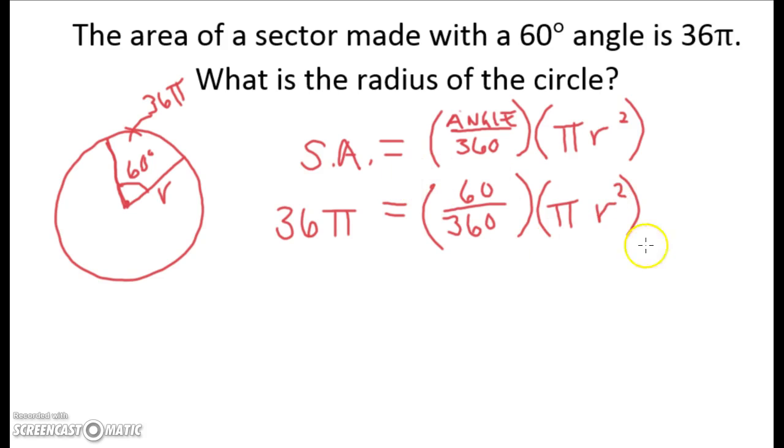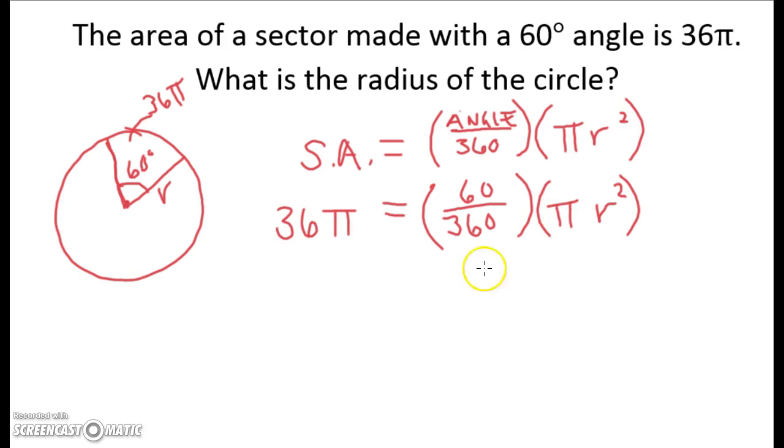All right, so here's what we have right now. If I simplify 60 divided by 360, I get 0.167 repeating. That's really big and ugly, so I'm just going to leave this as a fraction for now. The first thing I'm going to do is recognize I have a pi over here and a pi over here.